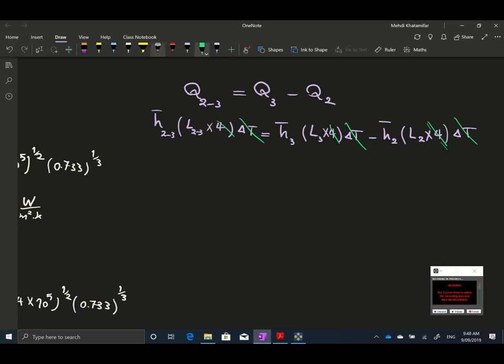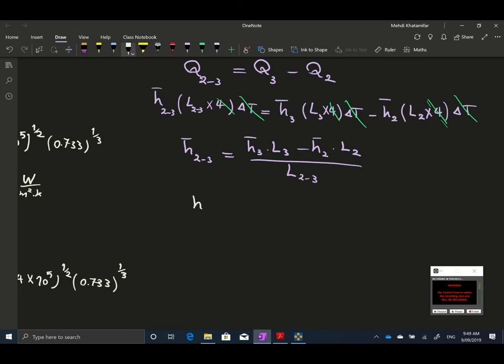What is left is H from 2 to 3 is equal to H3 times length 3 minus H2 times length 2, divided by this length between 2 and 3. So this is my formula. Let's put the values.